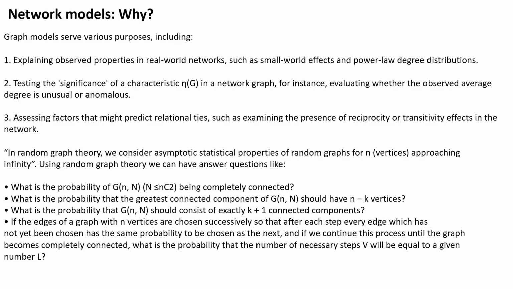In random graph theory, we consider asymptotic statistical properties of a graph for n vertices approaching infinity. So you can answer questions like: given a graph G having small n nodes and capital N edges, what is the probability that it is completely connected? Or what is the probability that the greatest connected component has n minus k vertices? Or what is the probability that the graph consists of exactly n minus k plus 1 connected components?